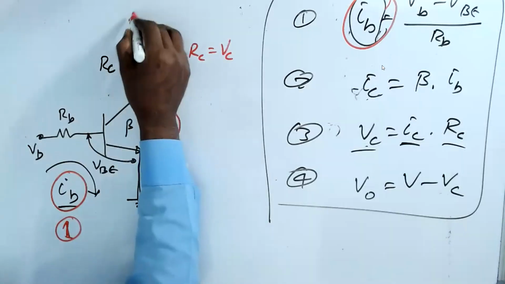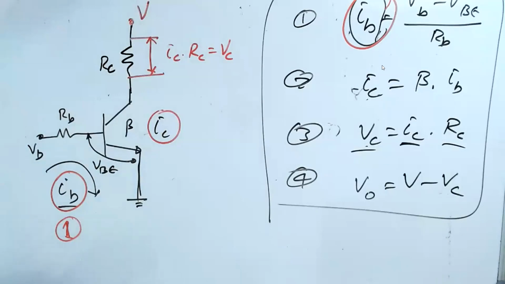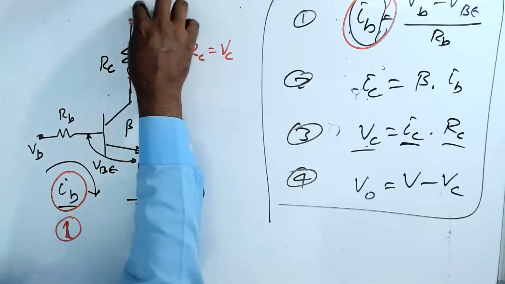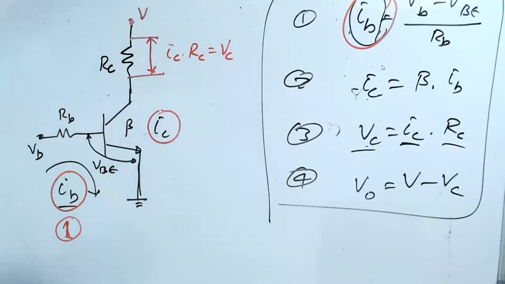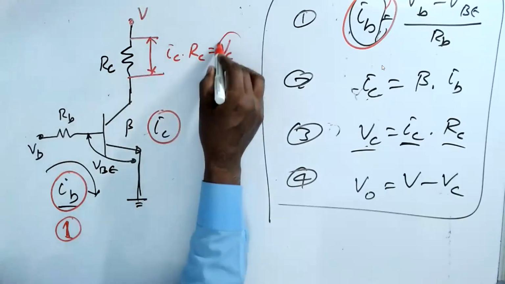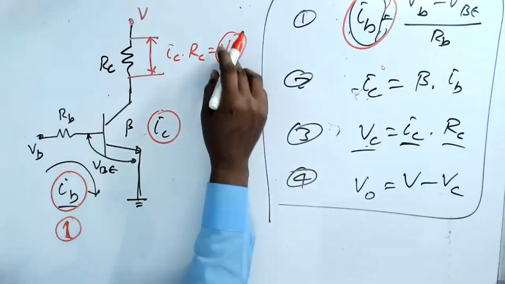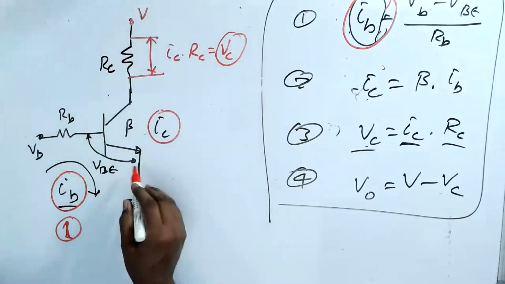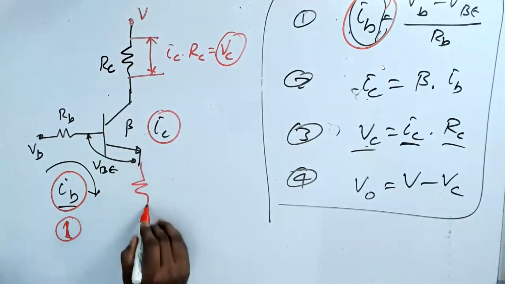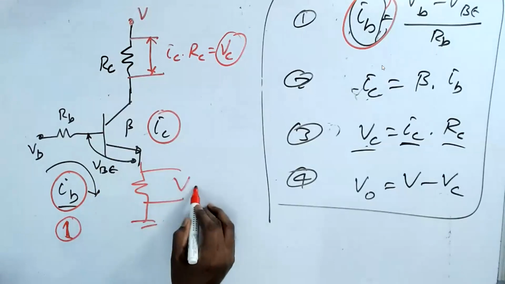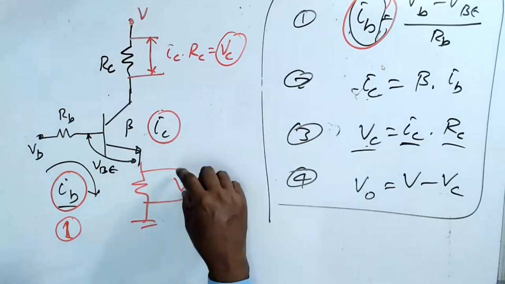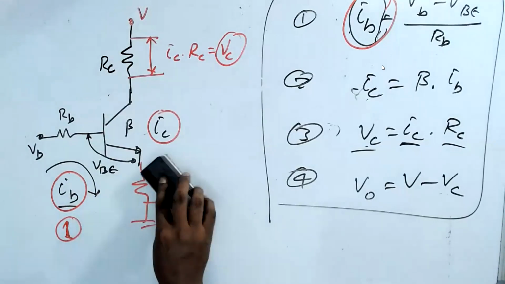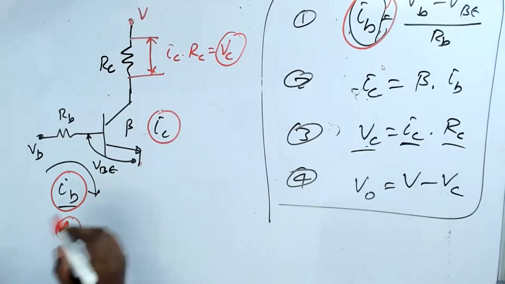This is called VC, the collector voltage drop. For example, if you put a resistor at the emitter, they call this VE, the voltage across the emitter resistor. There's nothing wrong. There are circuits where they put the resistor at the emitter also.